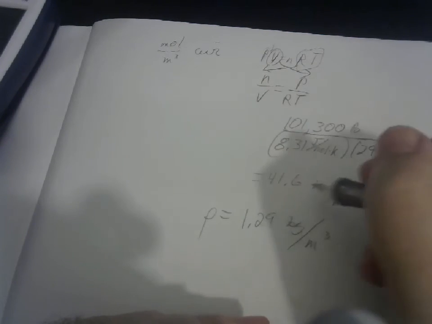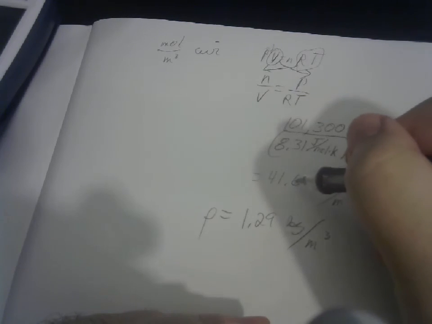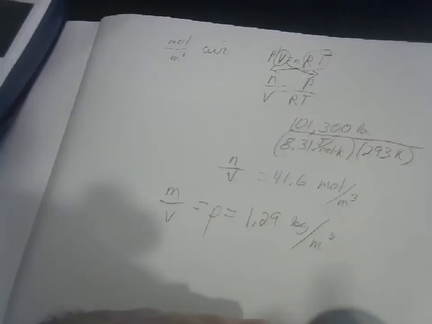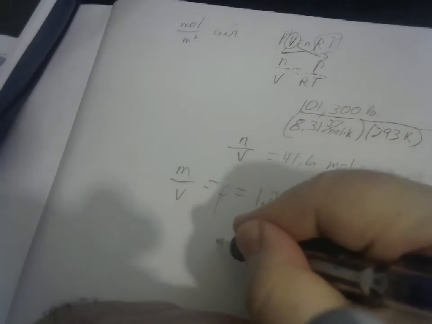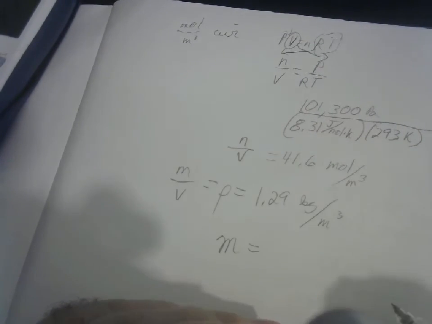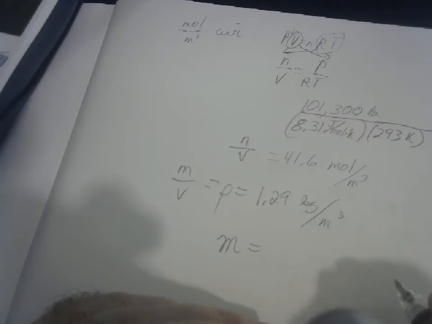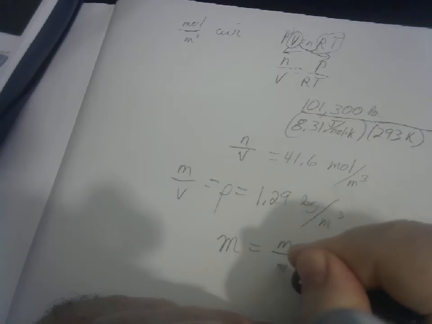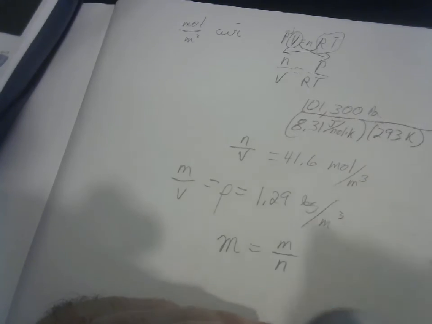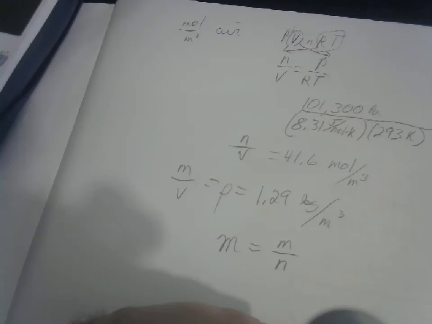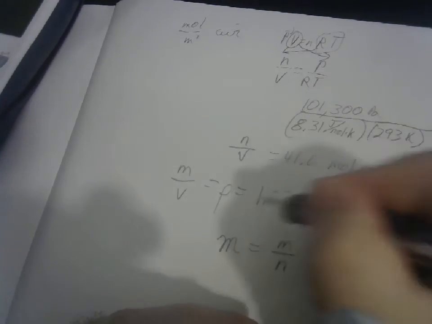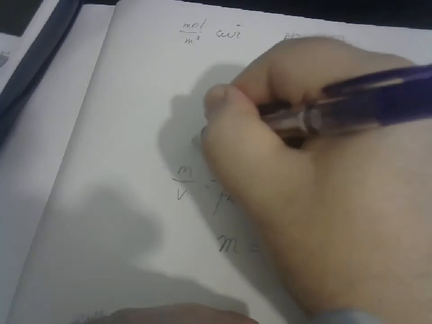So let's look at this. This is the number of moles per volume. This is the mass per volume. And the molar mass that I was talking about earlier was the mass per mole. So I think I can take, let's call this rho sub m and let's call this rho sub n.